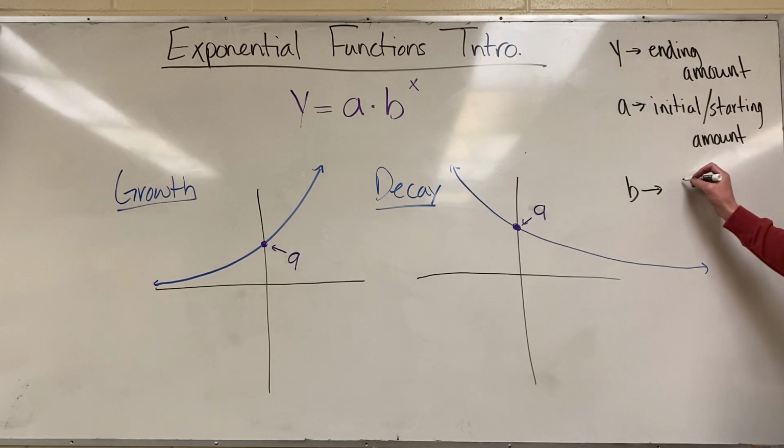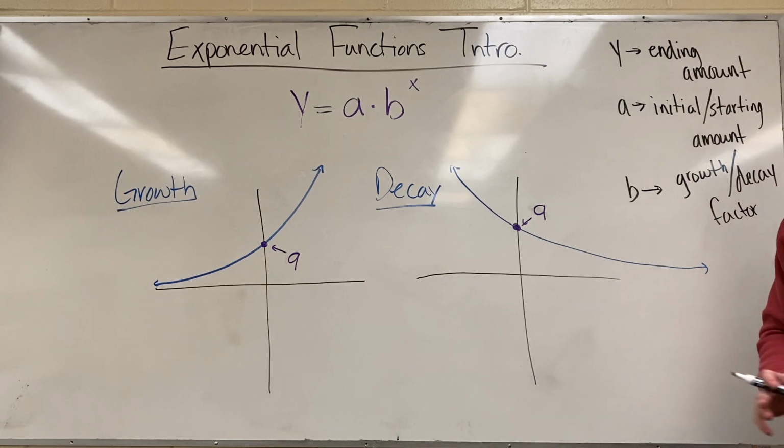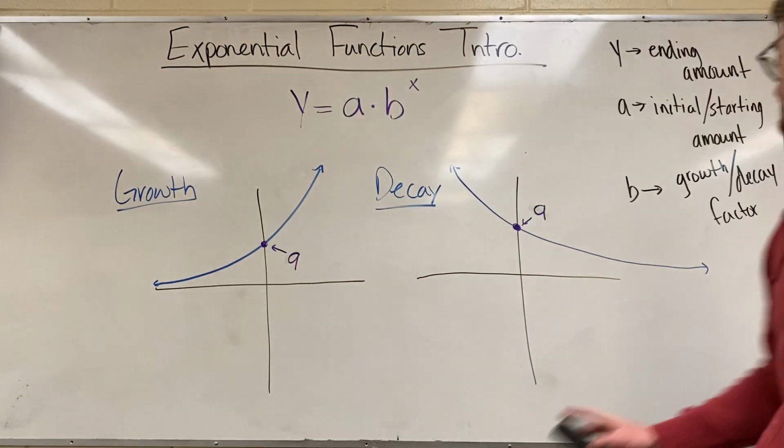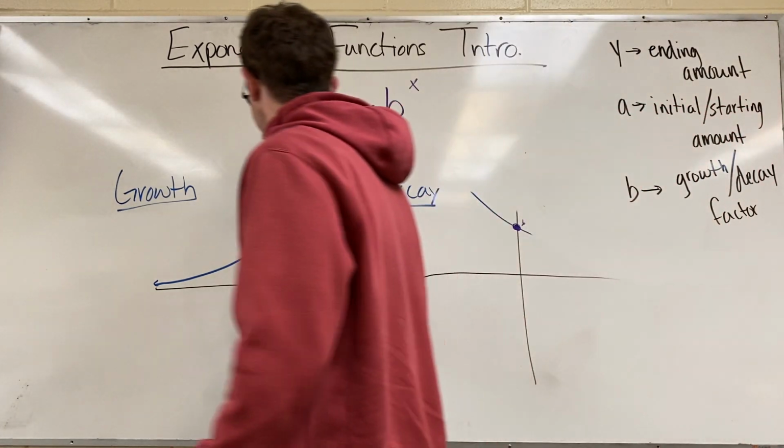B is going to be the growth slash decay factor. All right, and let me grab this guy. So yeah, I should get rid of this for now.